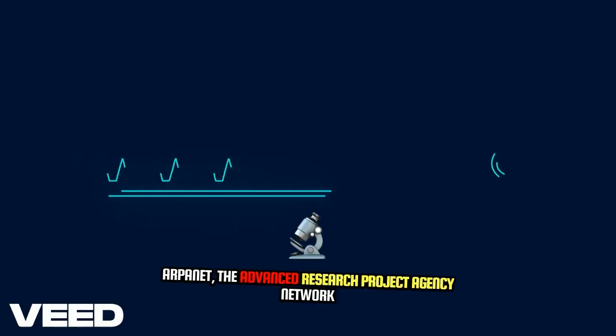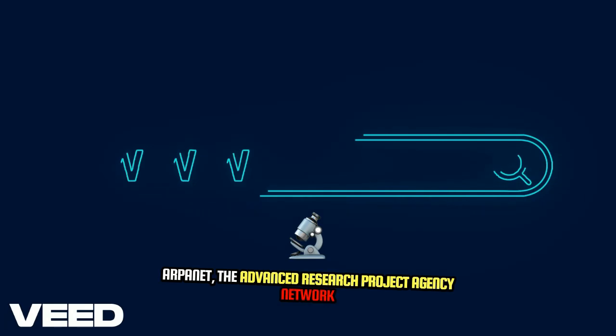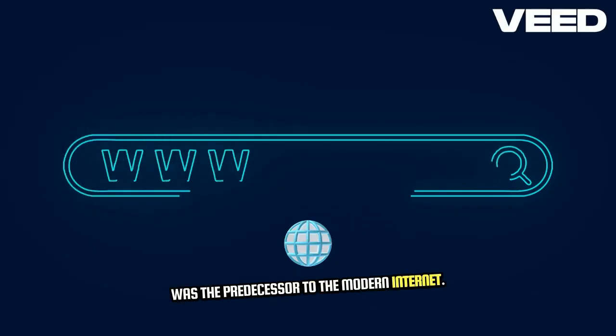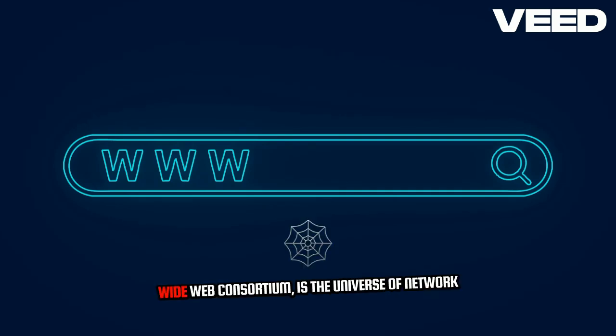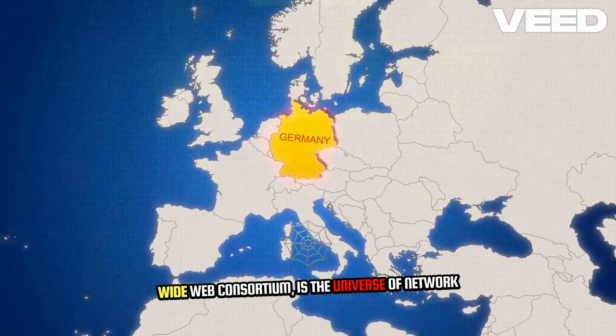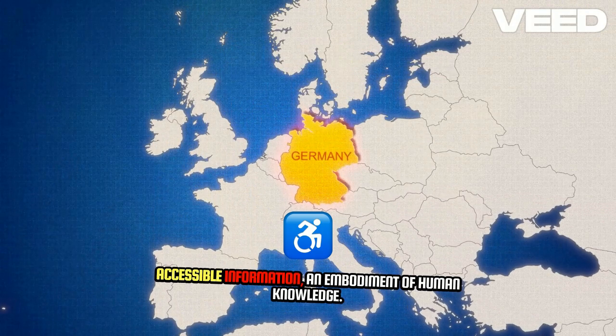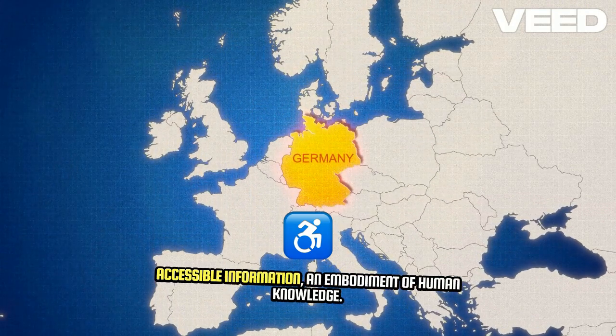ARPANET, the Advanced Research Projects Agency Network, was the predecessor to the modern Internet. The World Wide Web, defined by the World Wide Web Consortium, is the universe of network-accessible information, an embodiment of human knowledge.